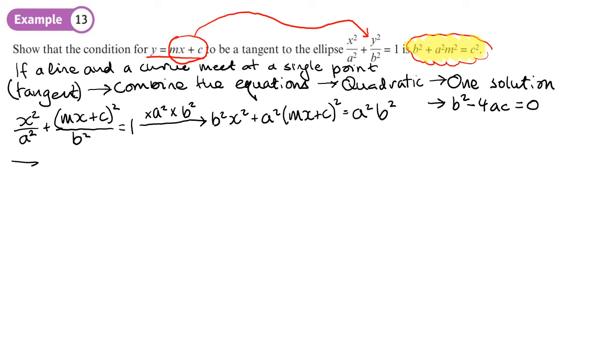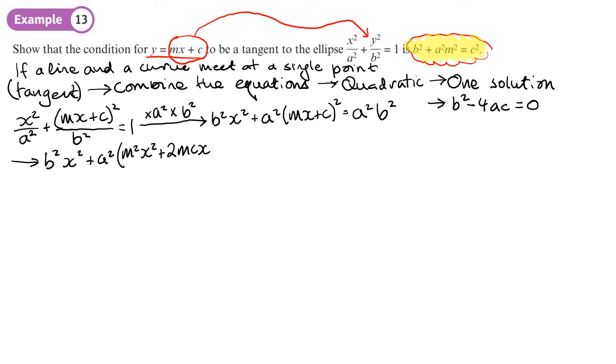The next step is going to be multiplying out the brackets. So I'll have b squared x squared plus a squared times (mx plus c) all squared. So that's going to be m squared x squared plus 2 lots of mcx. Now I'm going to write it that way around.